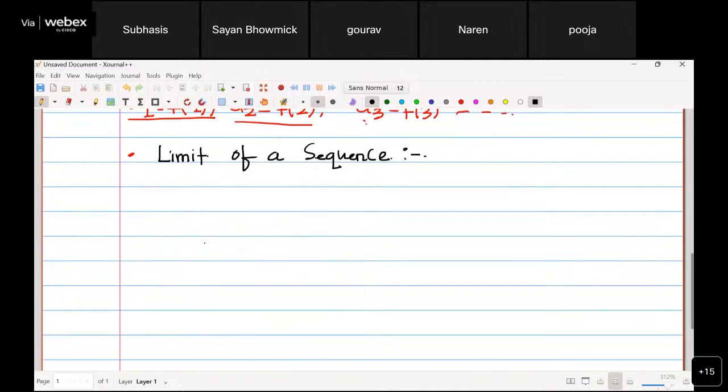Suppose you have a sequence. This is my sequence, and basically I have A1, A2, A3, and this goes on, up to infinity.